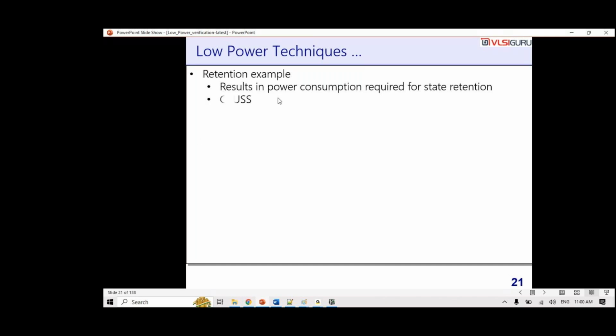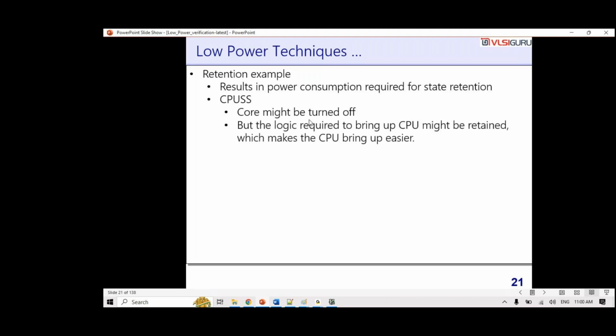If you take an example of CPUs, in the CPU subsystem, the core might be turned off, but the logic required to bring up the CPU might be retained, which makes the CPU bring up easier. Some registers are critical for core bring up.